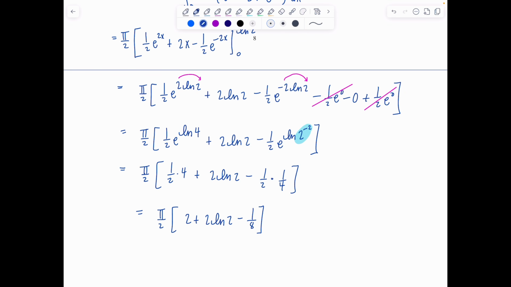So 2 minus 1/8, that's 15 over 8 plus 2 ln of 2. And then I would just distribute the 2 in the denominator, leave the pi out there. Yep, and then you have 15 over 16 plus ln of 2.